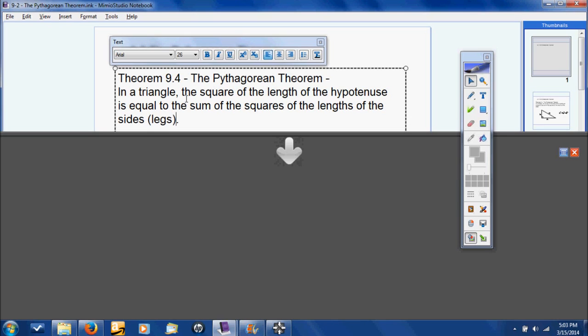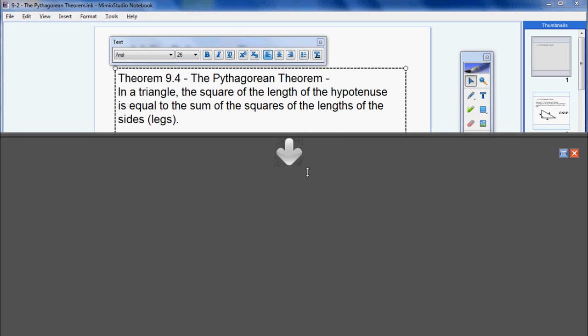So, the legs of the triangle. So let's take some time to write that down, just like I did yesterday. I'm going to do this in real time, so I'll write while you're writing so that you have enough time. So this is Theorem 9.4, the Pythagorean theorem.